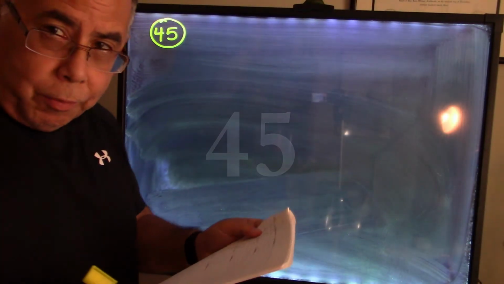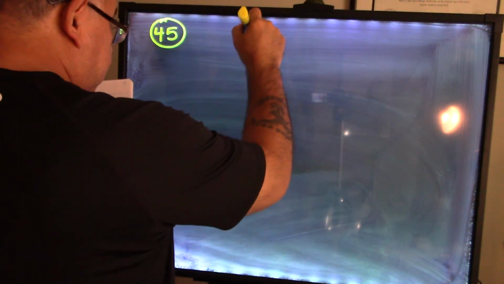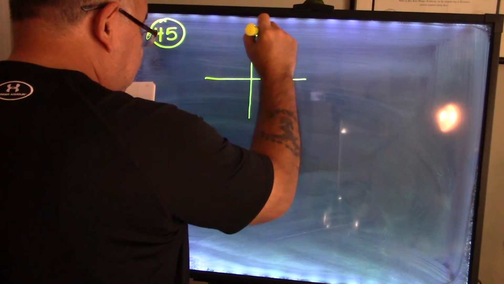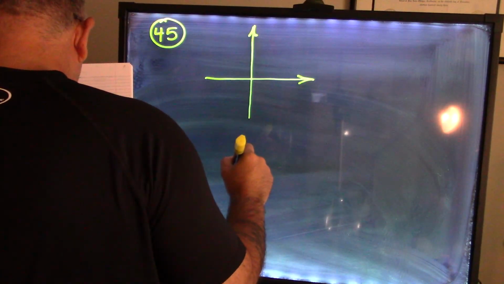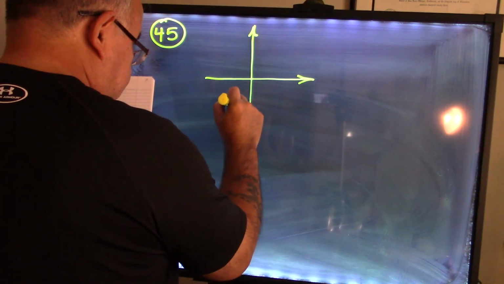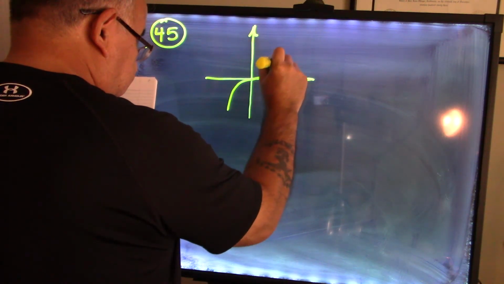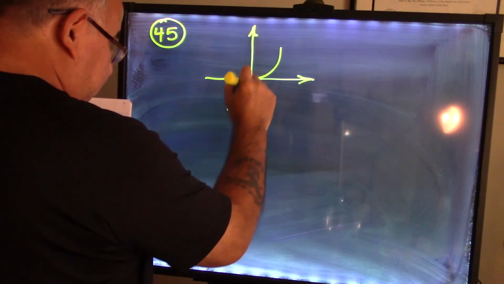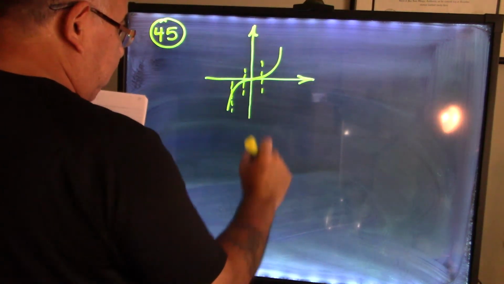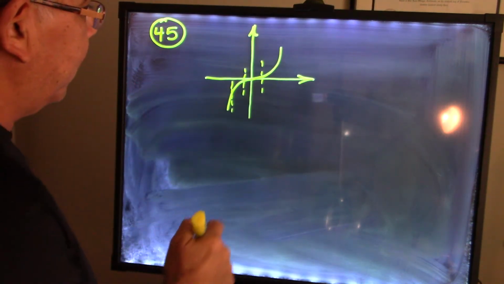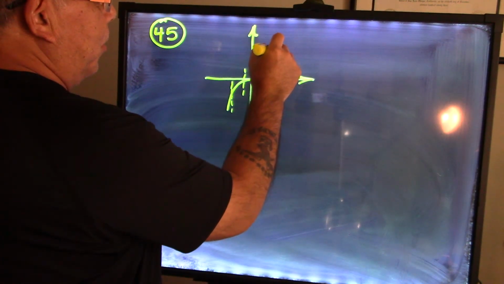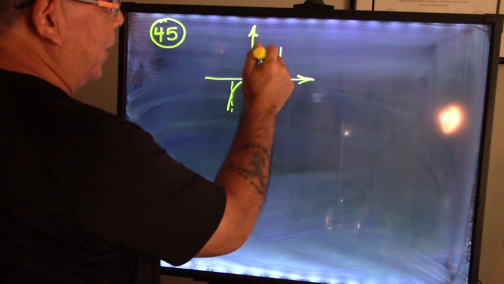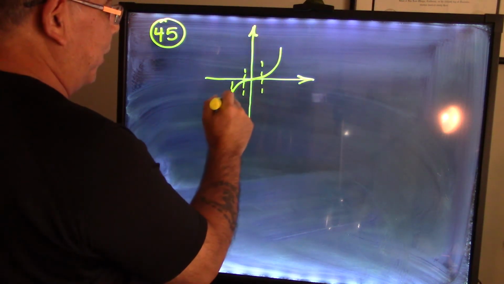Number 45. So something like that. And if you draw vertical lines, it'll only hit one time. Alright, we're assuming that this keeps going in a non-vertical way here and here.